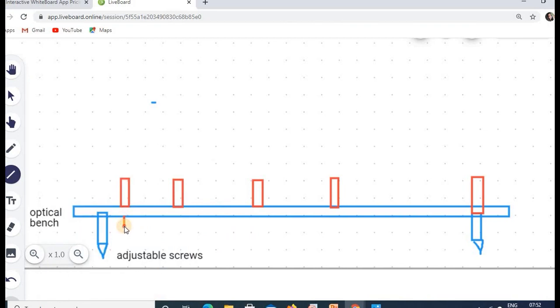This is the third upright, which is used for holding the lens, and the lens can take different positions. So I'll name it the third upright, and this third upright can take positions from here to here. So I'm not naming this as fourth, but instead my fourth upright is this one. This is my fourth upright.